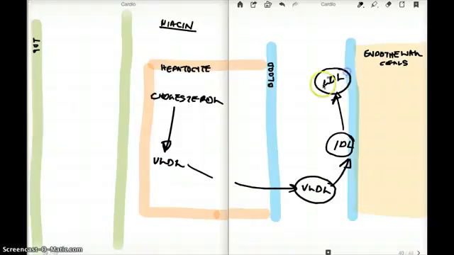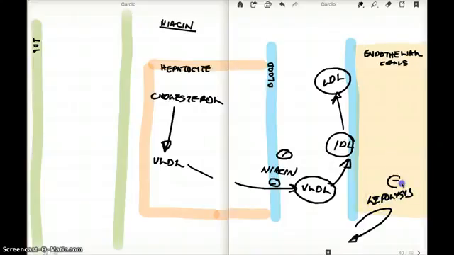So what niacin is going to do is it is going to inhibit the secretion of VLDL into the blood. So that is regulation number 1. Regulation number 2 is it's going to inhibit lipolysis. So let's say this is lipolysis.